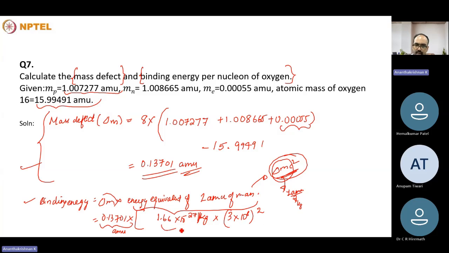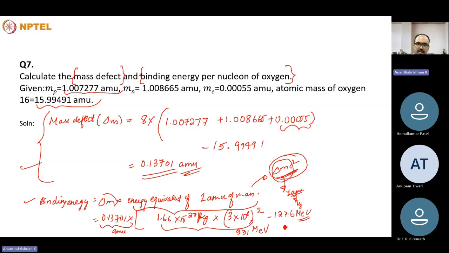This term will be equal to 931 MeV. So to determine the actual binding energy, it will be 0.13701 multiplied by 931 MeV. Once you multiply, you'll get 127.6 MeV.